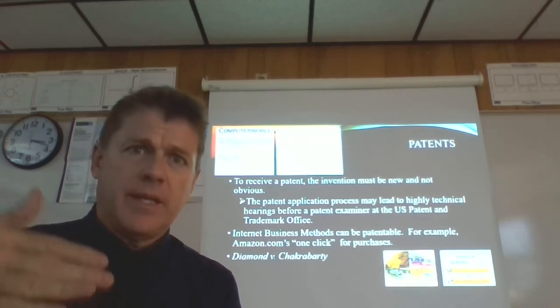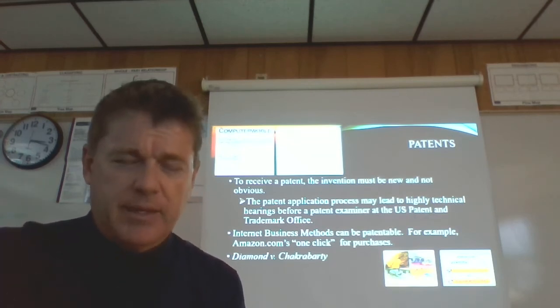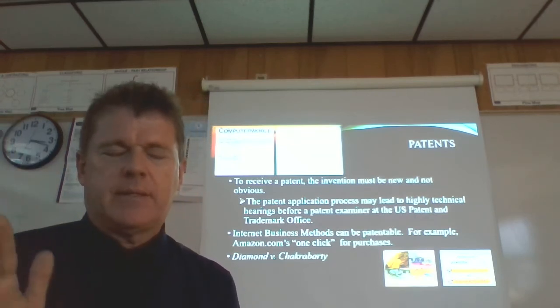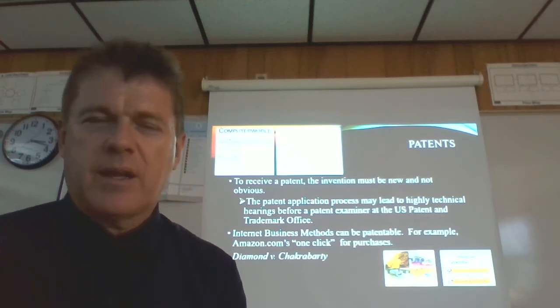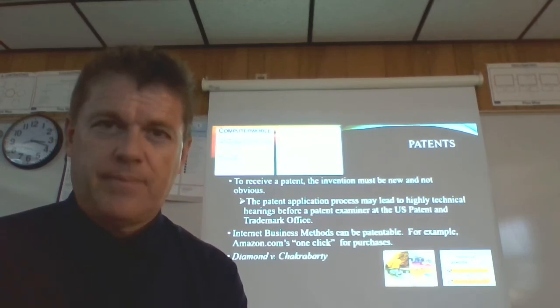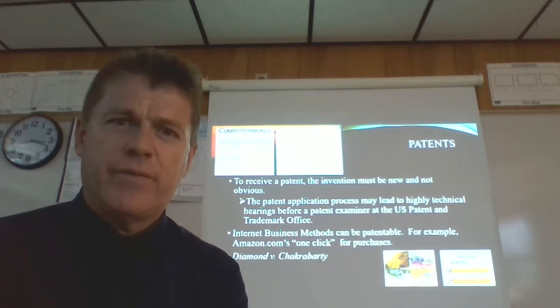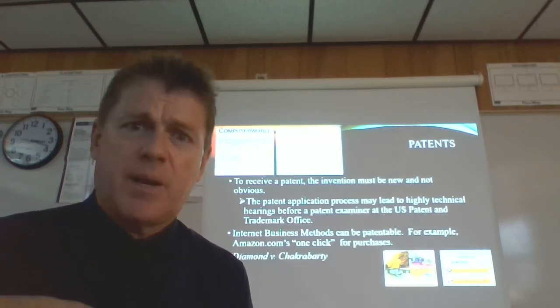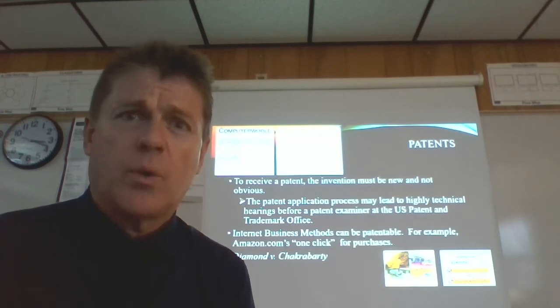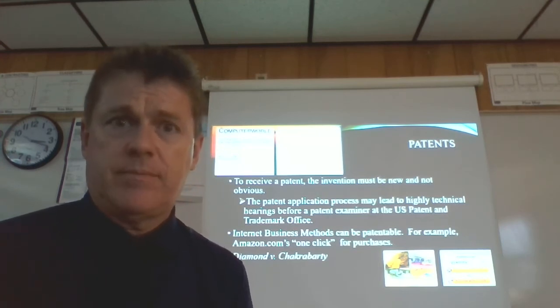So we have this opinion, so it's not anything under the sun, basically. Years later, Amazon comes into being, and if any of you have ever purchased things from Amazon, you can set up a profile and they have what's called a one-click purchasing system.